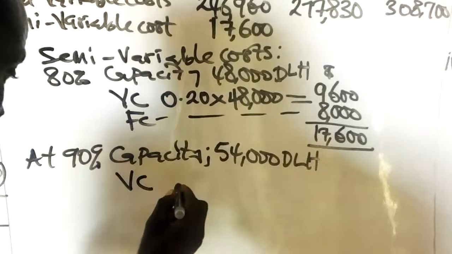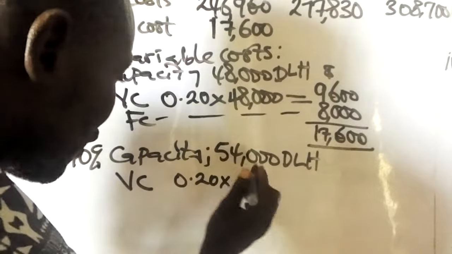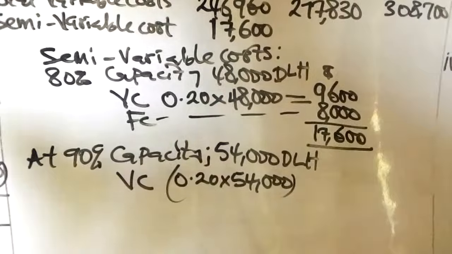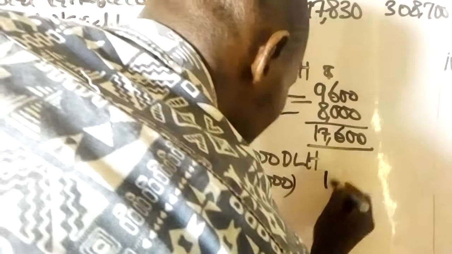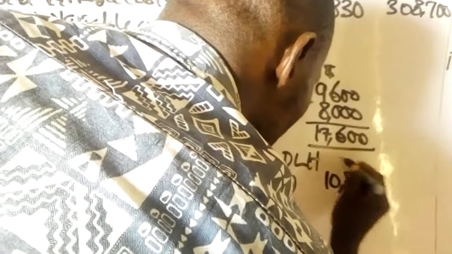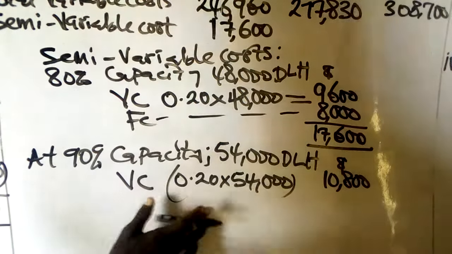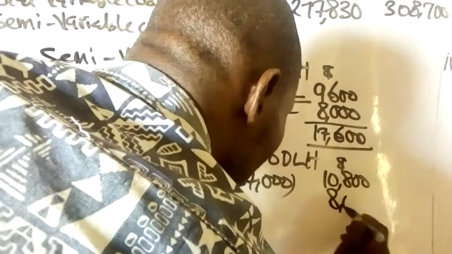Remember, our variable cost per direct labor hour is 0.20 multiplied by 54,000, and we have $10,800. Then the fixed element of the semi-variable cost is 8,000 as calculated.